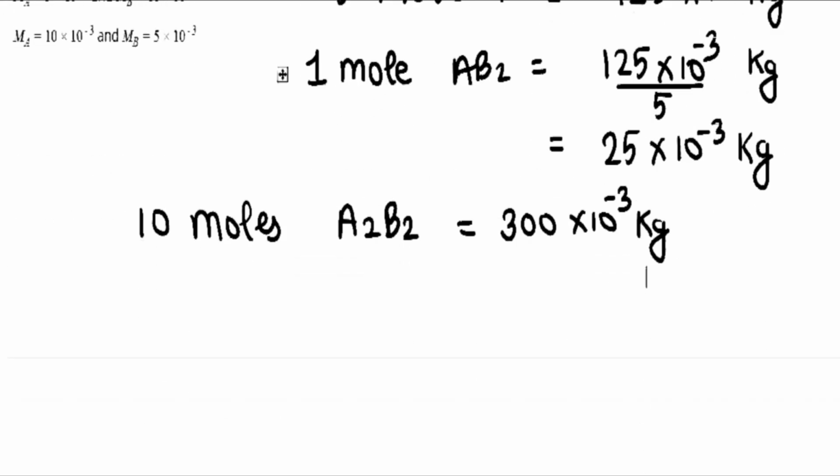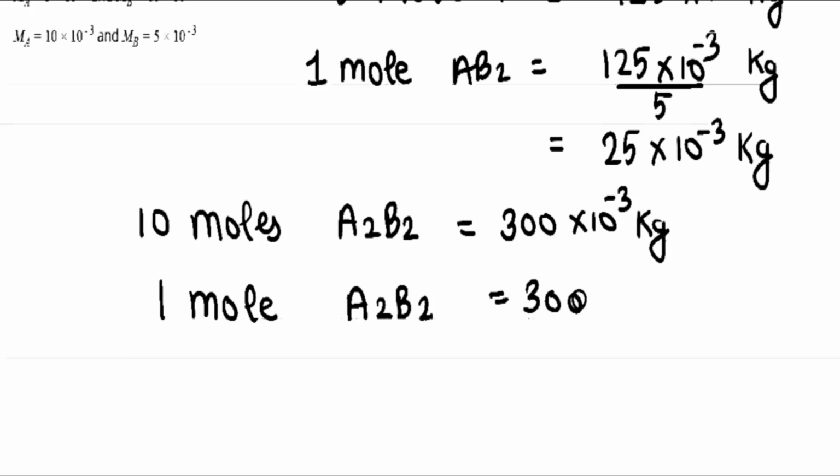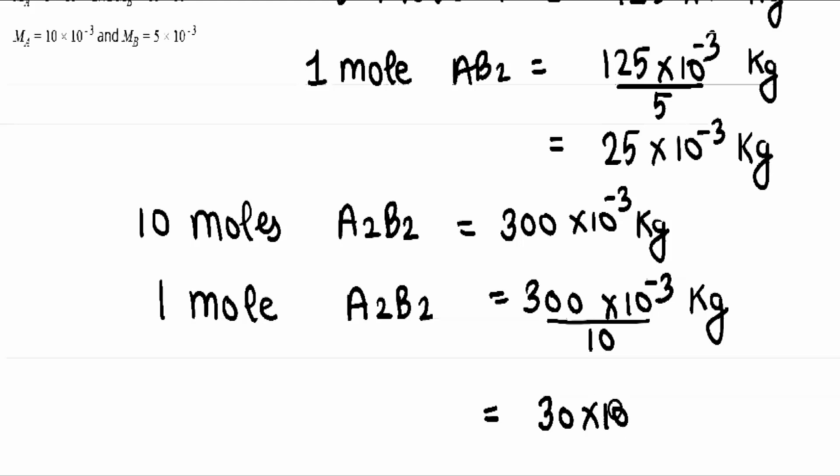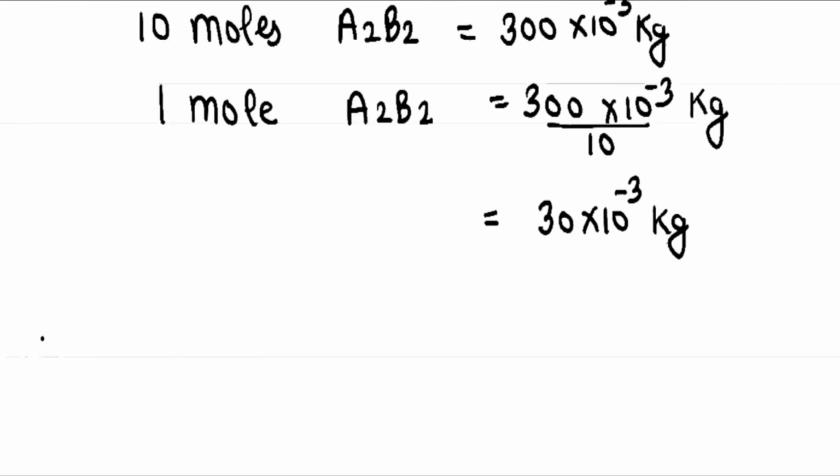So the weight of 1 mole of A2B2 is 300 into 10 to the power minus 3 whole divided by 10 kgs. This is the weight of 1 mole, and it turns out to be 30 into 10 to the power minus 3.